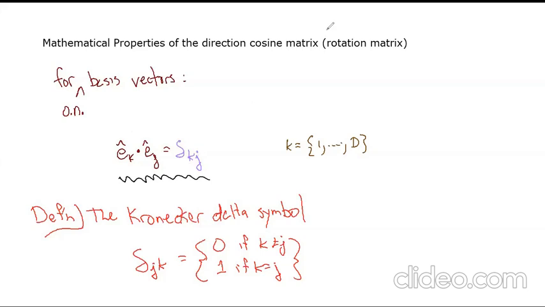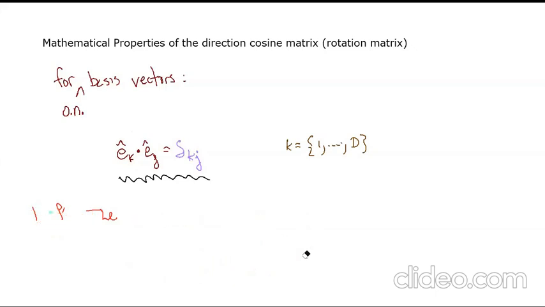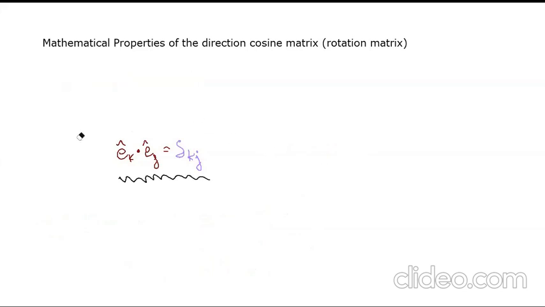Okay, so all of this is a preamble to the following. I have this rotation matrix, and if I have a basis that goes into it, I really hope that I get a basis out of it. And that means that the Aij, or Ajk, however you want to call it, has the following mathematical property.